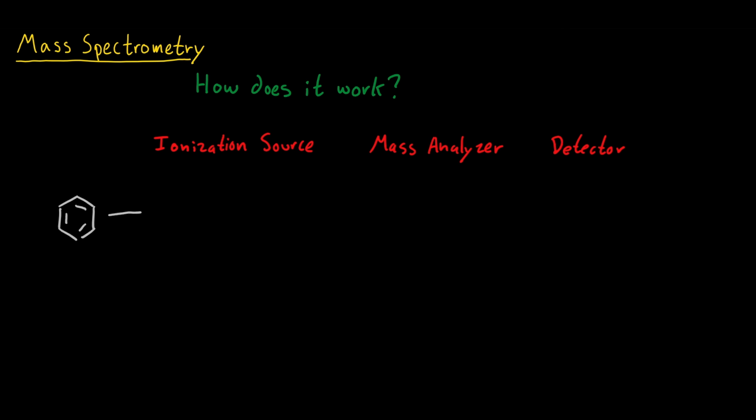Our benzene molecule enters our mass spectrometer, and at the ionization source we have a way to ionize the molecule, and usually that is through electron impact. With electron impact, we take an electron and shoot it at our benzene, and it knocks off one electron, and then two electrons leave: the electron that came into the system and the one it knocked off.